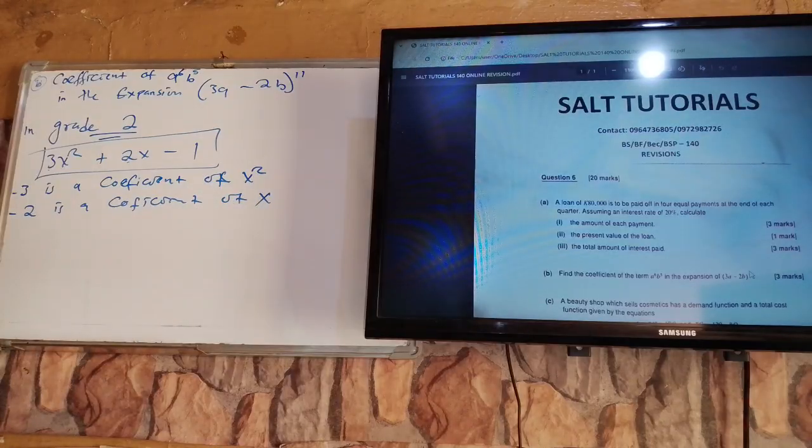So we are just talking about the constant values attached to a variable. Even if you are looking for a coefficient, ask yourself, what coefficient am I looking for? The coefficient of x, of x squared, of x power 3, and so forth. That's the concept you have to understand, which we are trying to recall from grade 2.